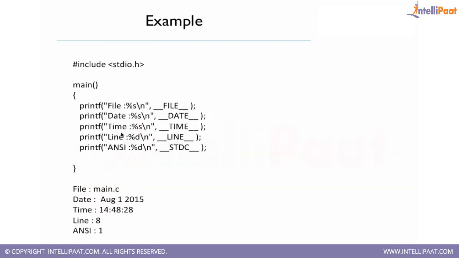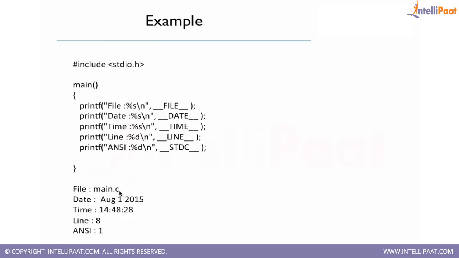Let's see one example. Consider this code. I'm printing the macros: printf file, which is underscore underscore file, date, which is underscore underscore date, time is underscore underscore time, line is underscore underscore line, ANSI is underscore underscore STDC, and this will be the output.